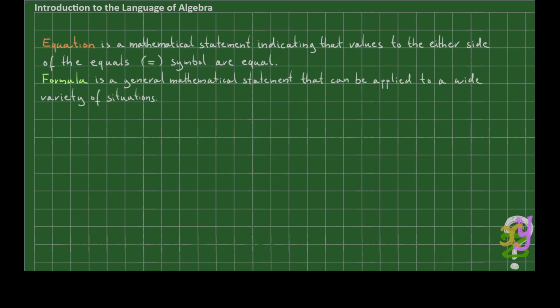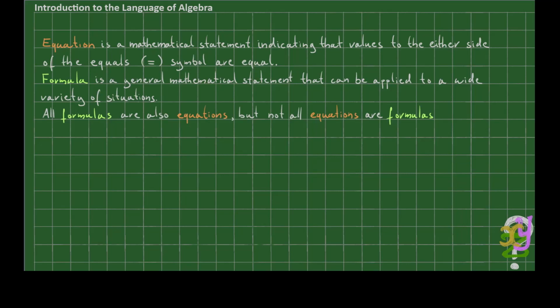A formula, on the other hand, is a general mathematical statement that can be applied to a wide variety of situations. Another way to say all of this is to say that all formulas are also equations, but not all equations are formulas.